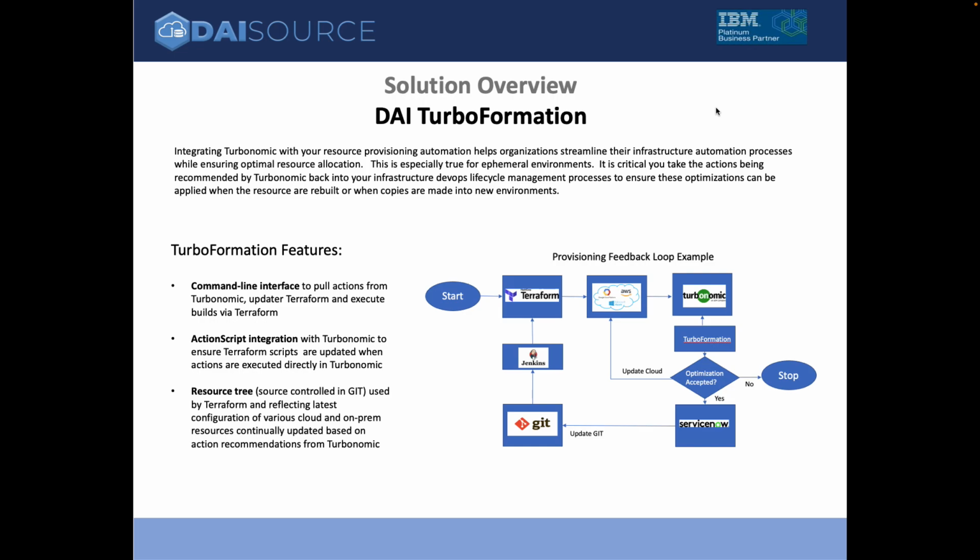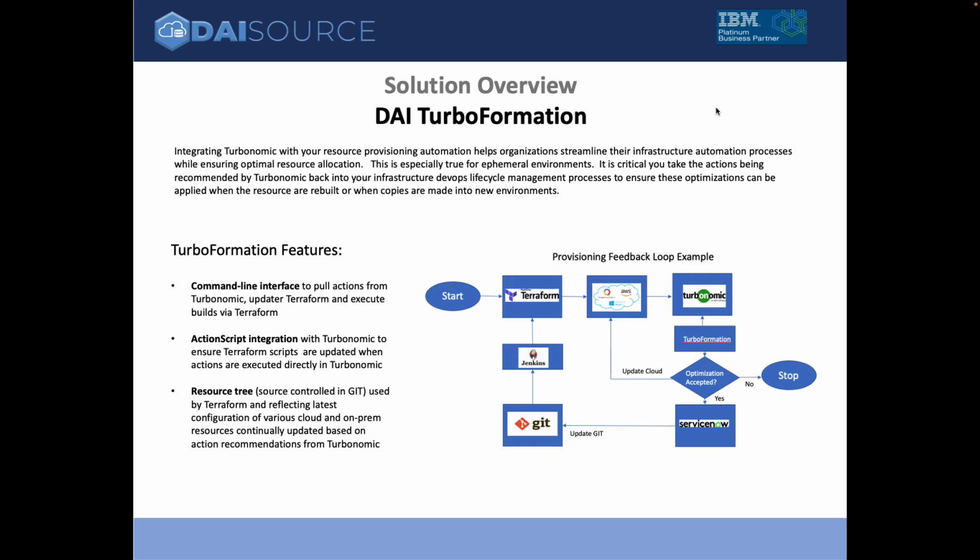I'm not going to get any deeper than a high-level splash. Turbonomic is an optimization tool, on-premise or in the cloud, that's constantly looking at your environment and trying to find that equilibrium between cost and performance, making action recommendations.